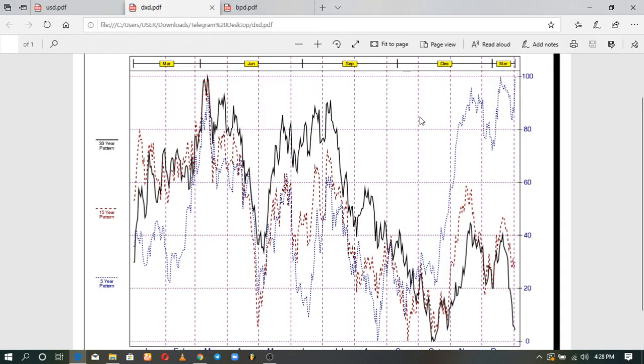Again, we look at the next year. We're looking for bearish price action from March going into early May. But if you look at the underlying tone in the marketplace, price was bullish, so there was no reason we should have been expecting bearishness.